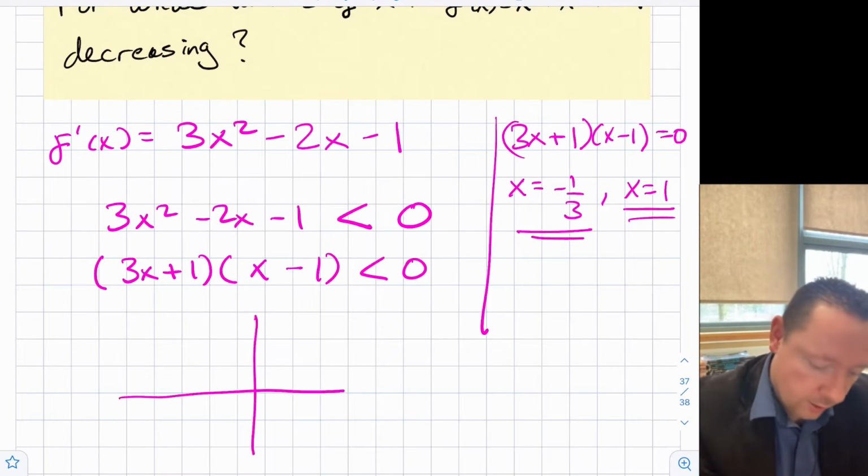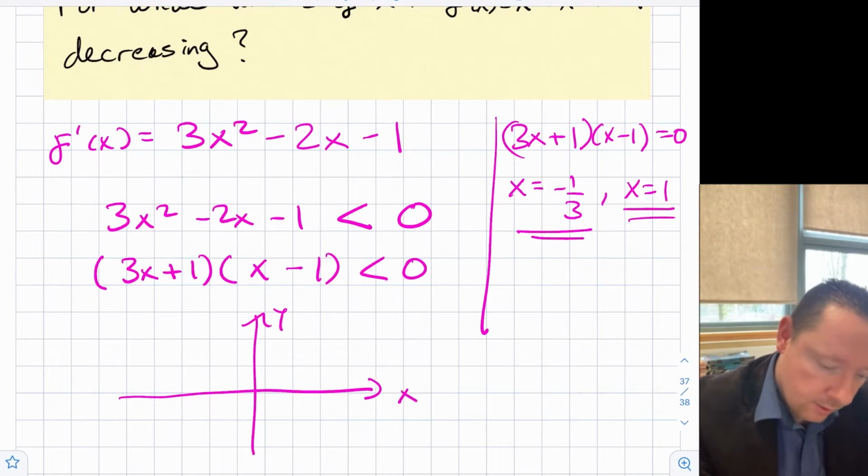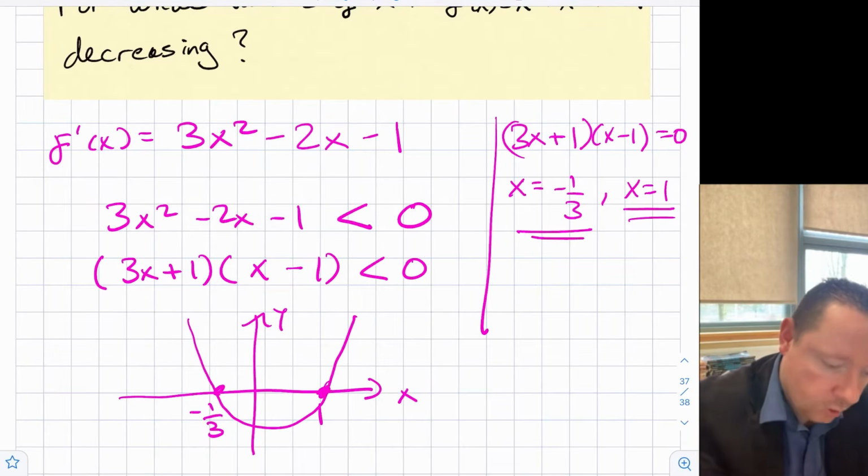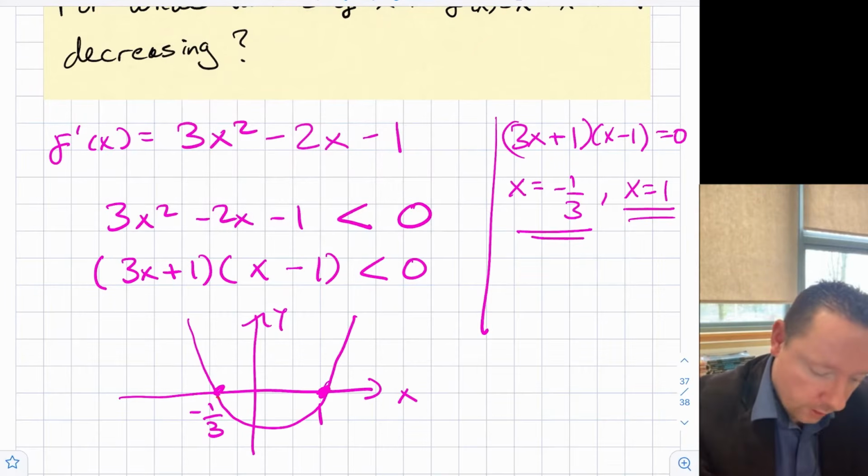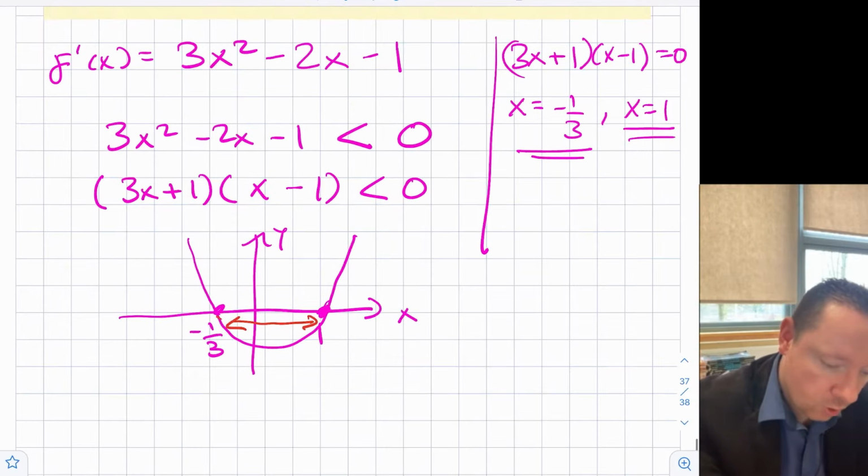If I draw a quick sketch, y and x, let's call that minus a third, and let's call that 1 over here. That'll be roughly what our picture looks like, and we should be able to see that that's negative, or less than 0, only under this point. So between these 2 points it's negative. So for solving our inequality, we can say that minus a third is less than x, which is less than 1.